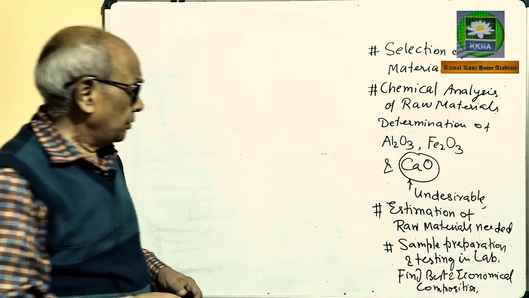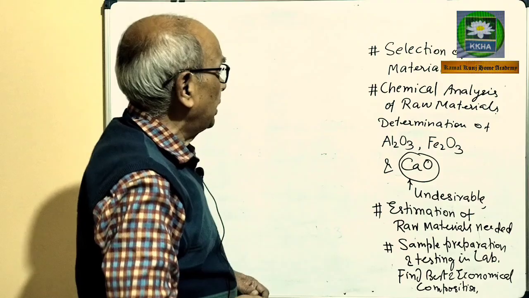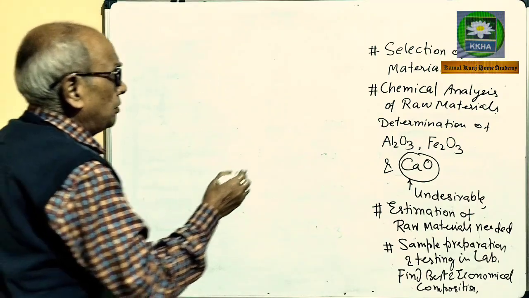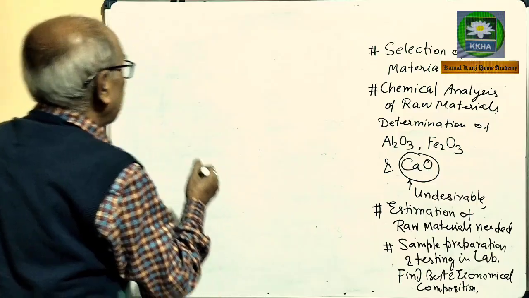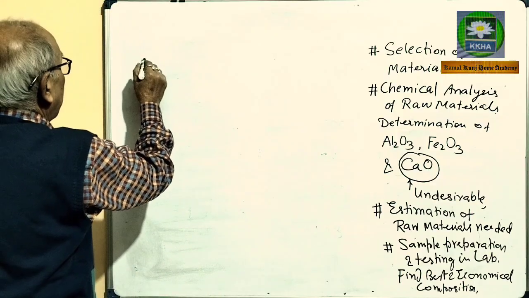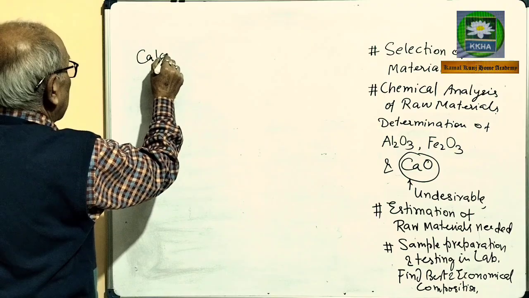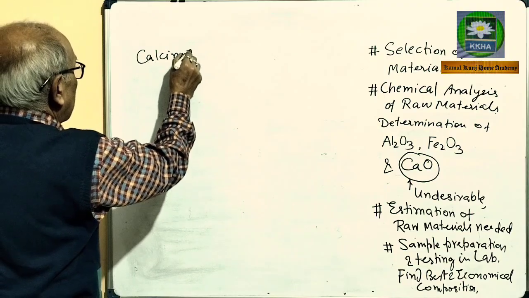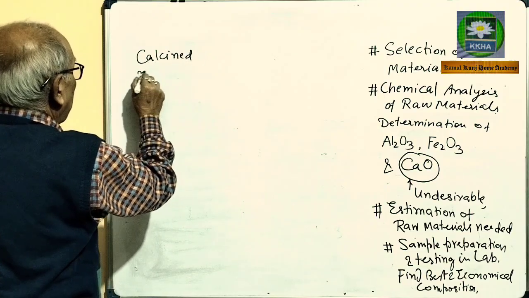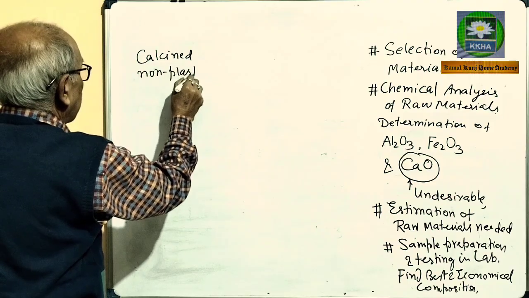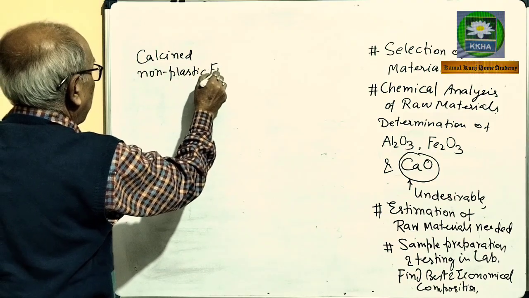Suppose first we have to estimate the raw materials required for making Fireclay bricks. So we will take calcined non-plastic Fireclay.